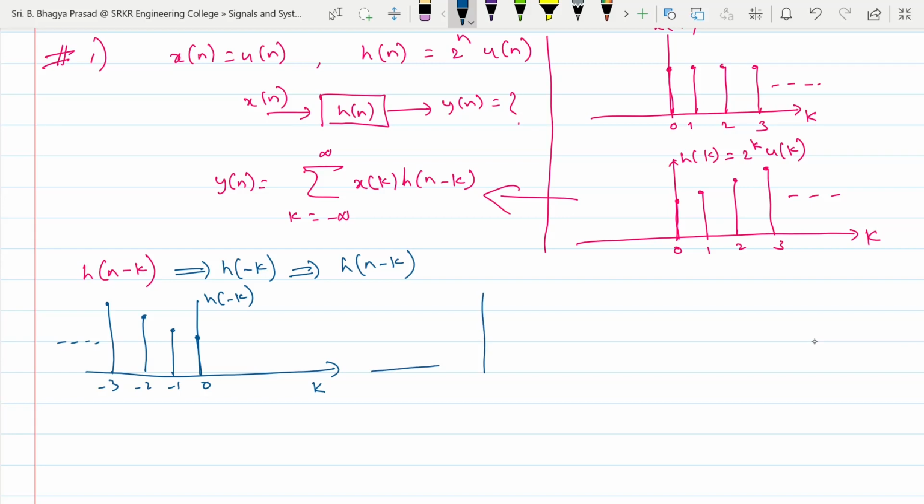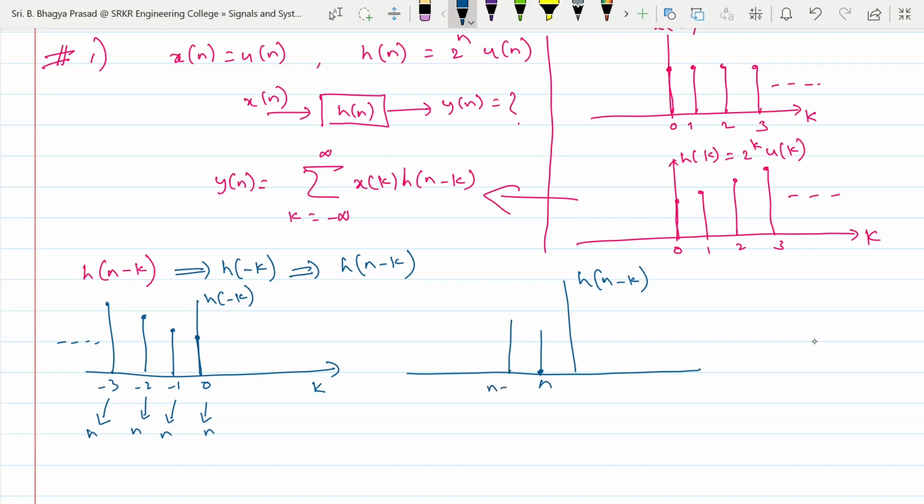For h[n-k], for each and every time instant let us add n. So we get n, n-1, n-2, n-3, like this for the values.